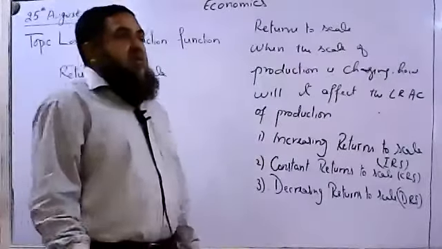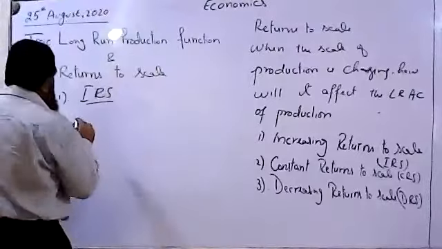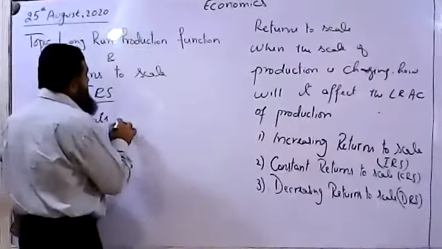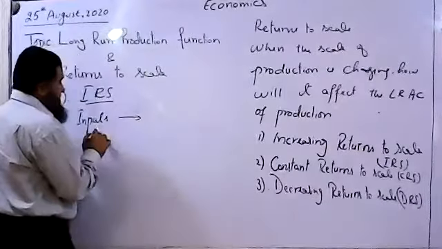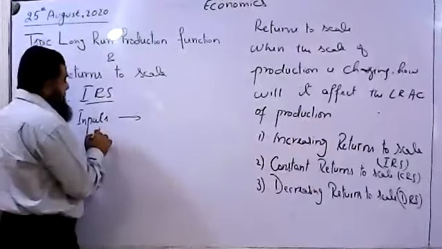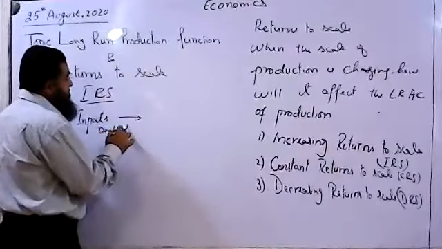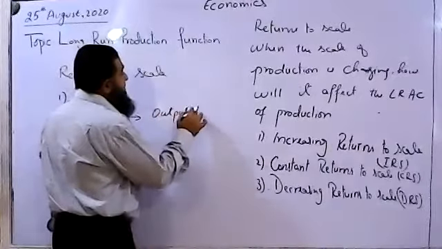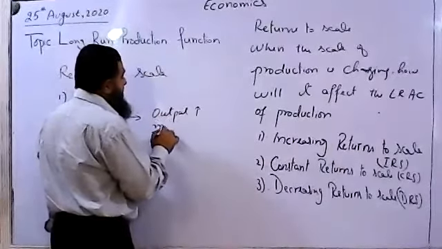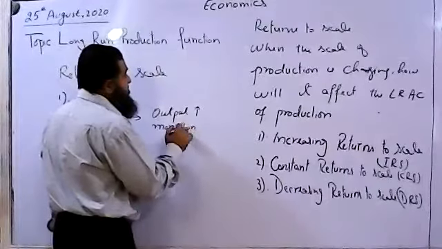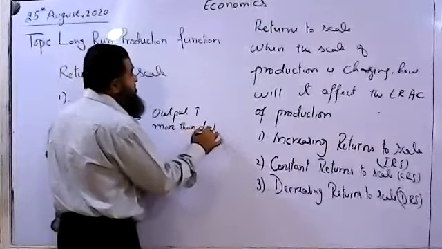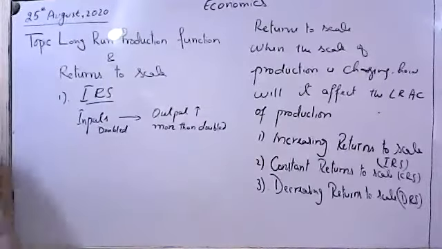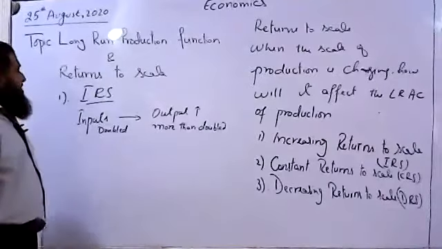When the total inputs, here I say the inputs, that means the factors of production, when inputs are increased, they are doubled, like land, labor, capital, they are doubled, and output increases more than doubled. We say this production function is IRS, or increasing returns to scale.